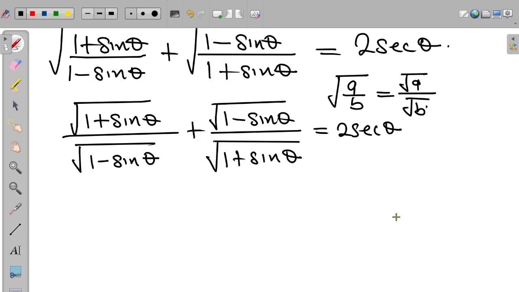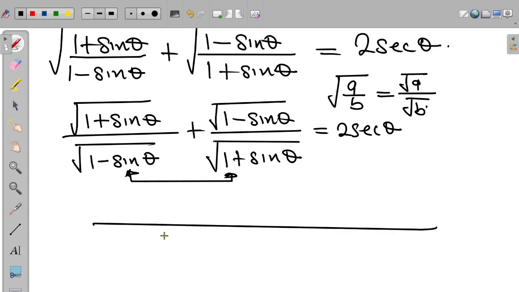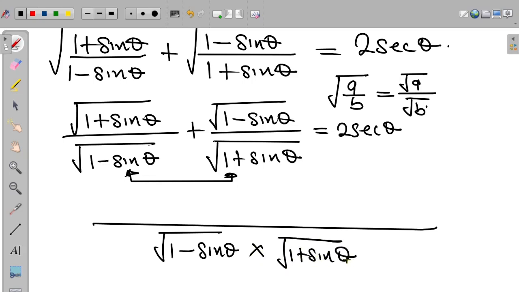Now at this point, the next thing we do is take the LCM. The LCM of the left-hand side is a product of the denominators. So therefore, the LCM becomes root of 1 minus sine theta multiplied by root of 1 plus sine theta.